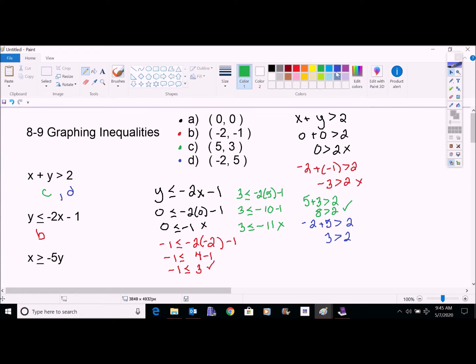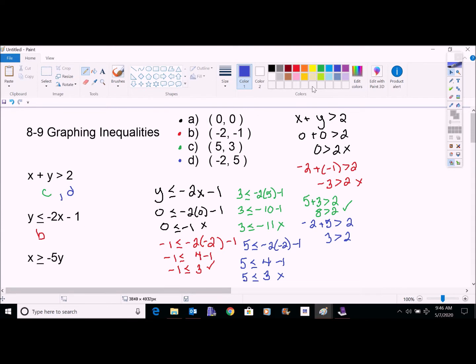And then finally, let's check out D. D, X, Y, X, Y. Y is 5 less than or equal to -2 times -2 minus 1. 5 less than or equal to 4 minus 1. 5 less than or equal to 3. No, that's not. So just B is our answer for this one.